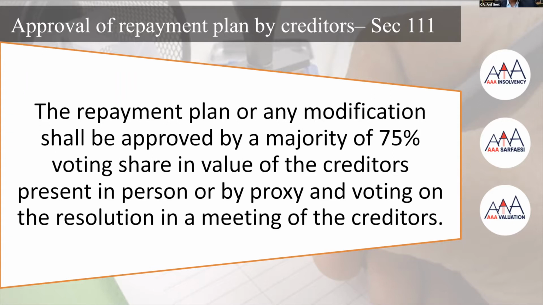Condition number 2: all those persons who are present in the meeting, in person or by proxy, are the only ones entitled to vote. Condition number 3: in case after being present in the meeting they do not vote, then their voting would not be considered.